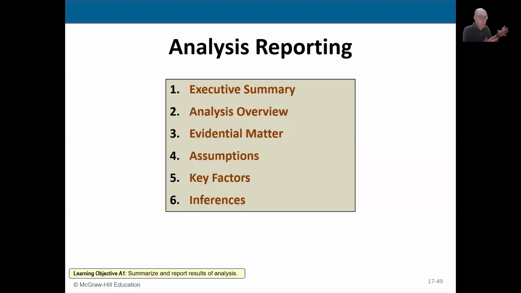We make key assumptions about that evidence and about the industry. Identify key factors, which are looking at both quantitative and qualitative information about the general performance of the company. And the last thing we do is draw inferences. These include things like forecasts, estimates, interpretations of the results.